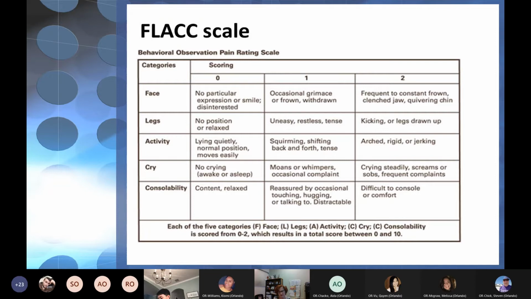They may not understand that. So again, we have to be sure that when we're using any kind of scale, that we have to focus on it. The FLACC scale that you see up here, it's a behavioral observation pain scale. It's not just a picture like the Legos that we just saw, but this is what we would have to be able to do, particularly on patients that are not able to communicate with us.